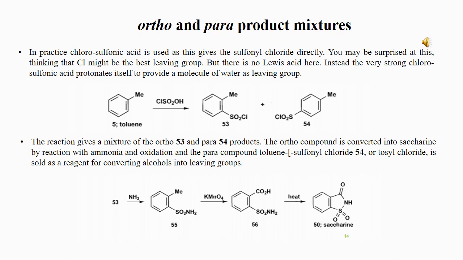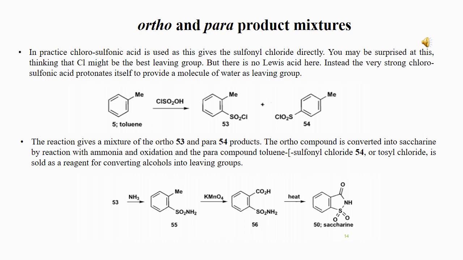So what can we do from the toluene? The toluene can be reacted with chlorosulfonic acid to give 53, sulfonation. The chlorosulfonyl group is added, and two isomers are formed, ortho and para.